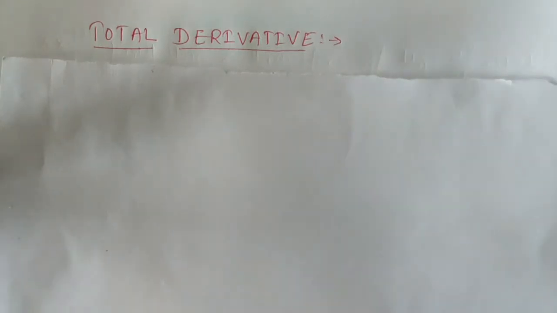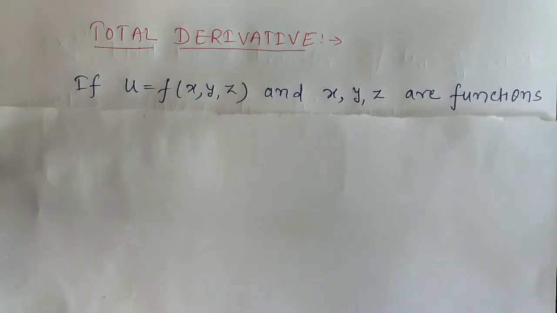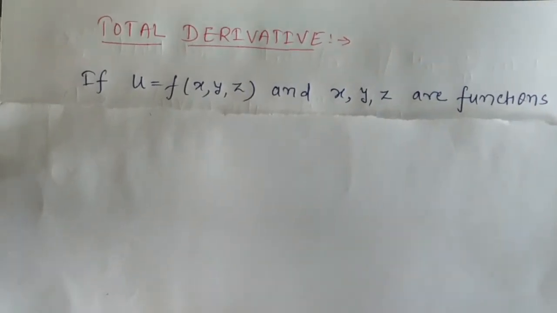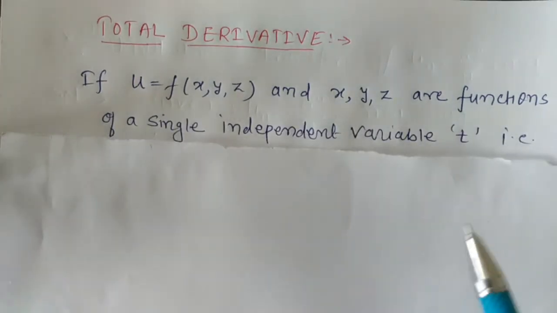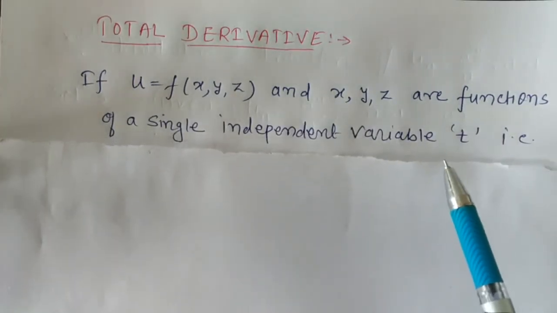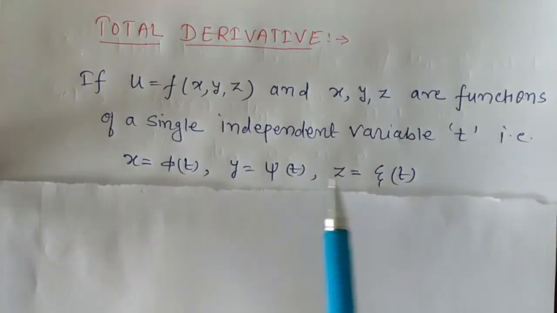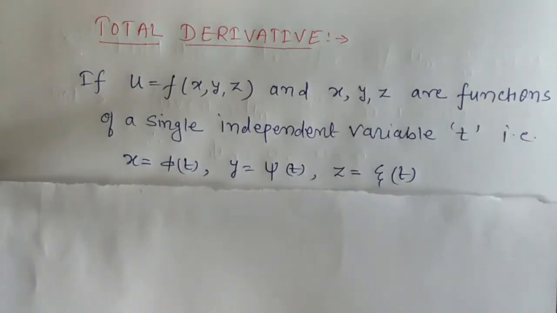So if u is a function of x, y, z, where x, y and z are functions of a single independent variable t. Suppose x is a function of t, y is a function of t and z is a function of t.